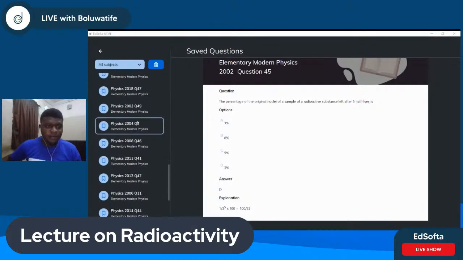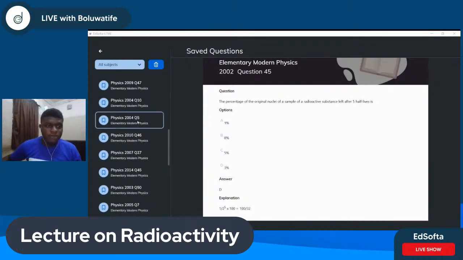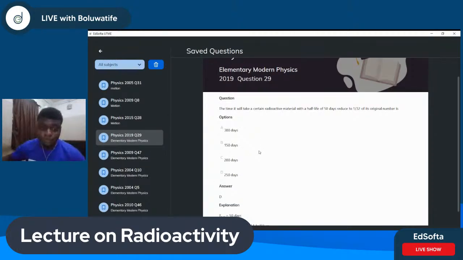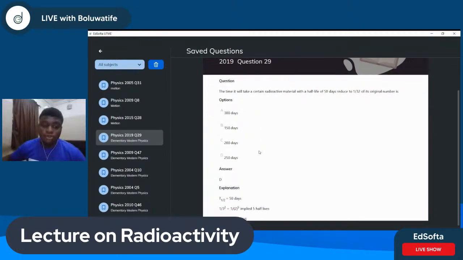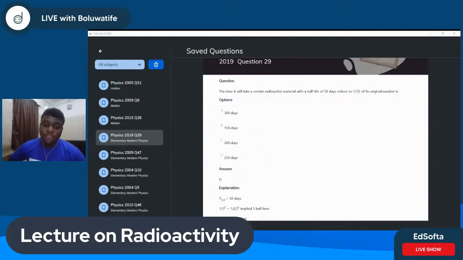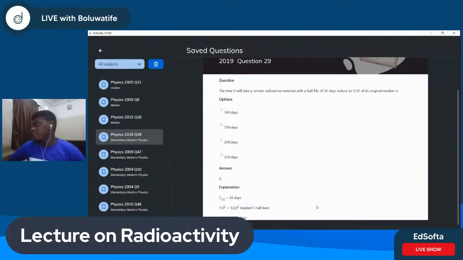This is a feature on the app called Saved Questions, where you can save some questions that you want to get back to. It's a very good feature on the app, and it even shows the explanation and everything you need.